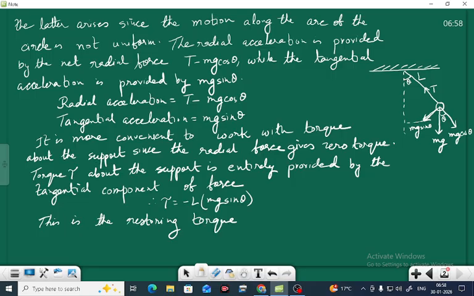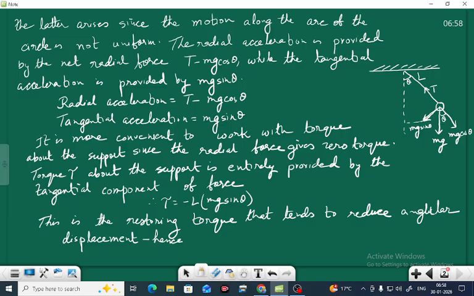This is the restoring torque that tends to reduce the angular displacement. Hence the negative sign. That's why it is a negative sign.